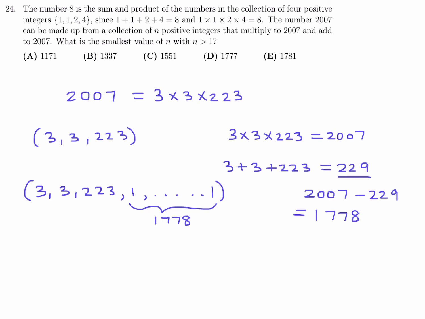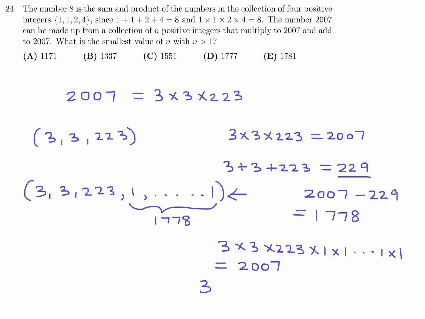So let's see what happens if I have this as my set. The product will be 3 times 3 times 223 times 1, all of those numbers that are represented by ones. But those ones will not change the product. This product will still be 2007. But by adding those ones, the sum will change.